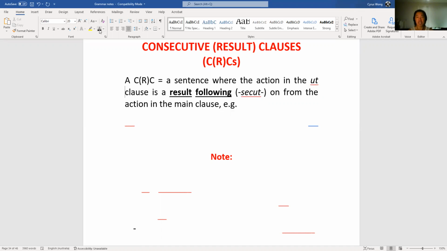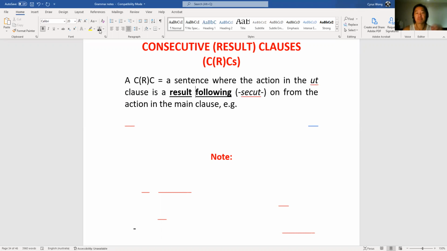So we have seen this before. We've seen a main clause with a main verb, usually indicative, and then an ut or a ne, and then after that a clause with a subjunctive verb.